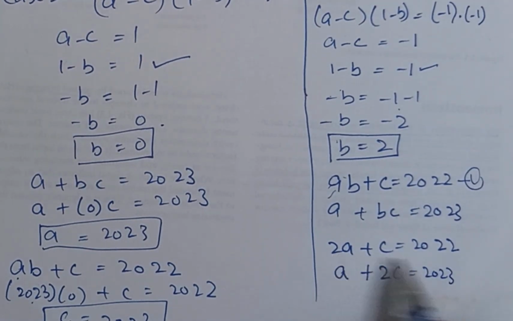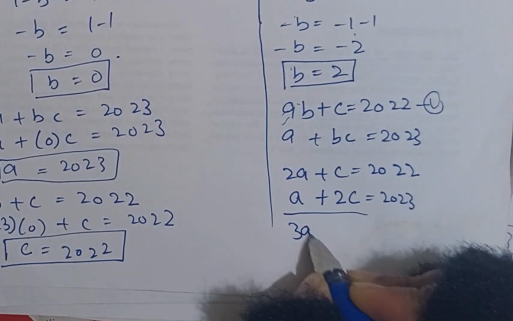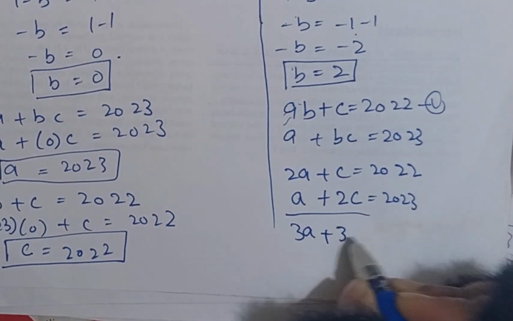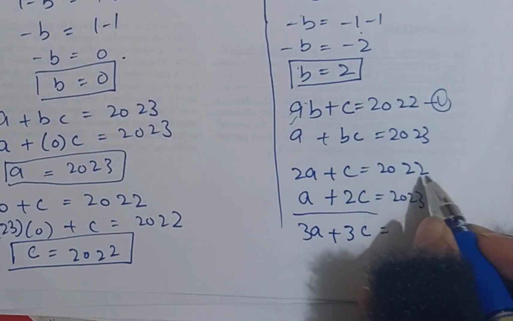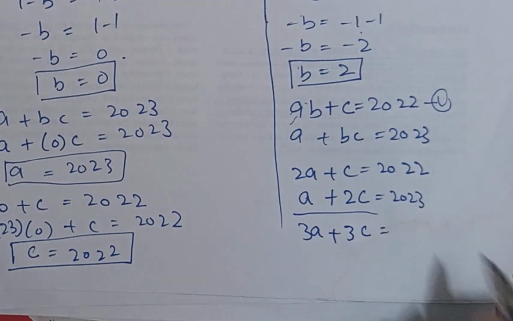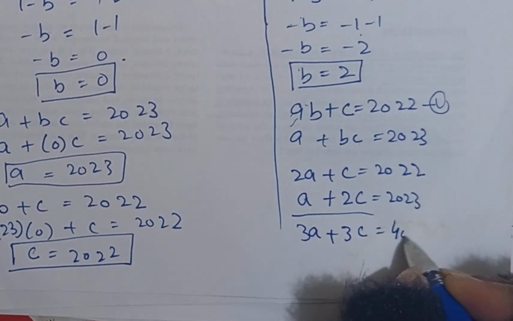In the next step, if we add these two equations, then we get 3 times A plus 3 times C. Adding 2022 plus 2023, we get 4045.